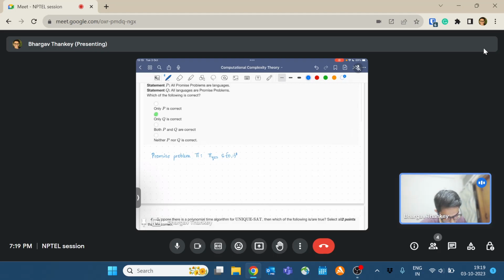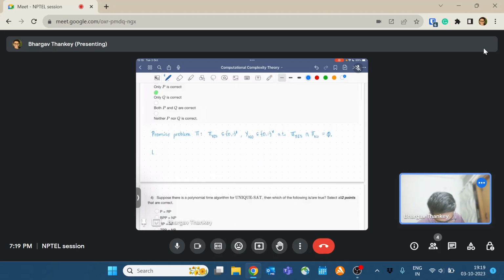So these are the yes instances. The no instances, such that pi yes and pi no are disjoint. And you also have don't care instances, which are neither yes instances nor no instances, right?